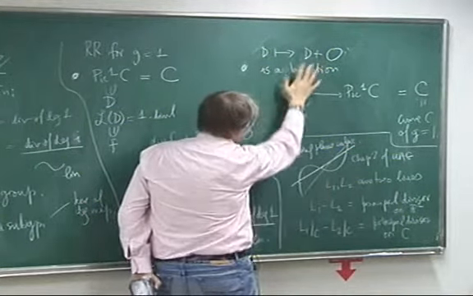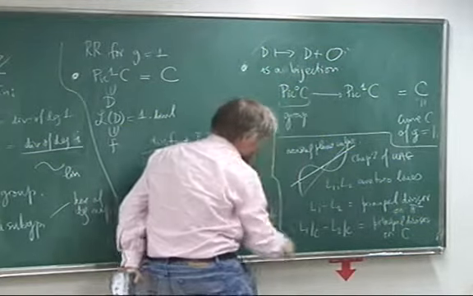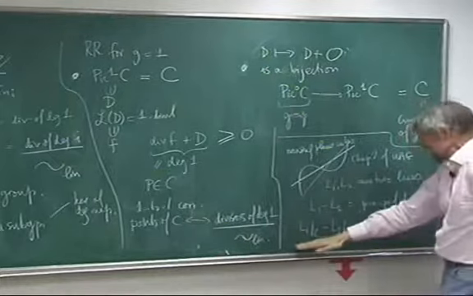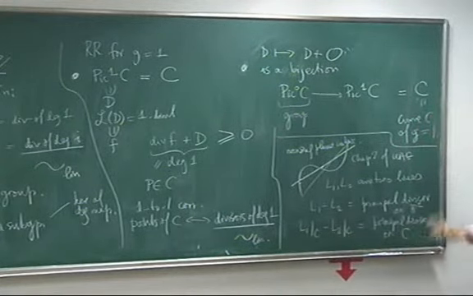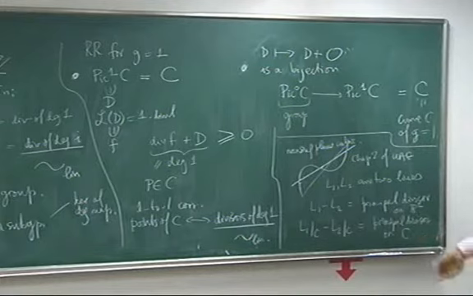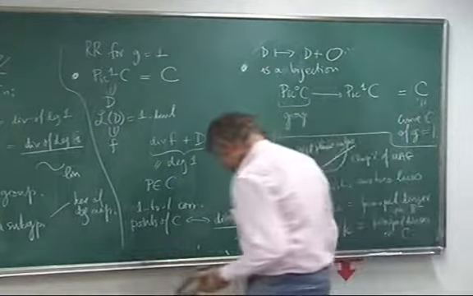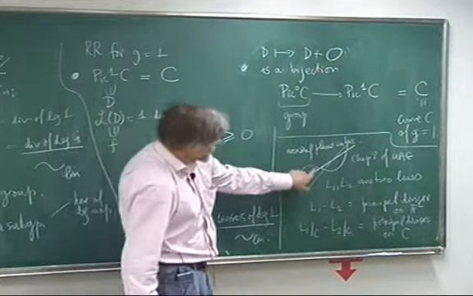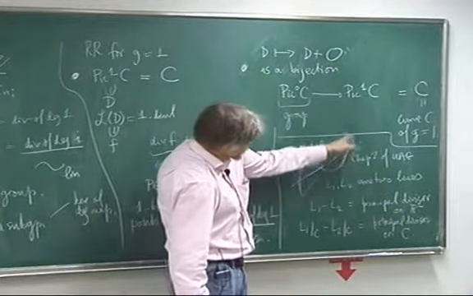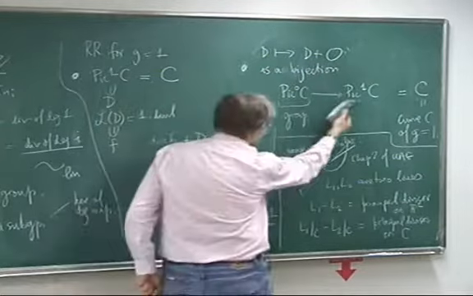What's really happening here is that if you work modulo linear equivalence, in other words, if you think of the difference between two lines as being equivalent to 0, then I can get from points P and Q to the point P plus Q in the group law. That involves going to that point and then subtracting off O. So subtracting off O is exactly the inverse of this step.